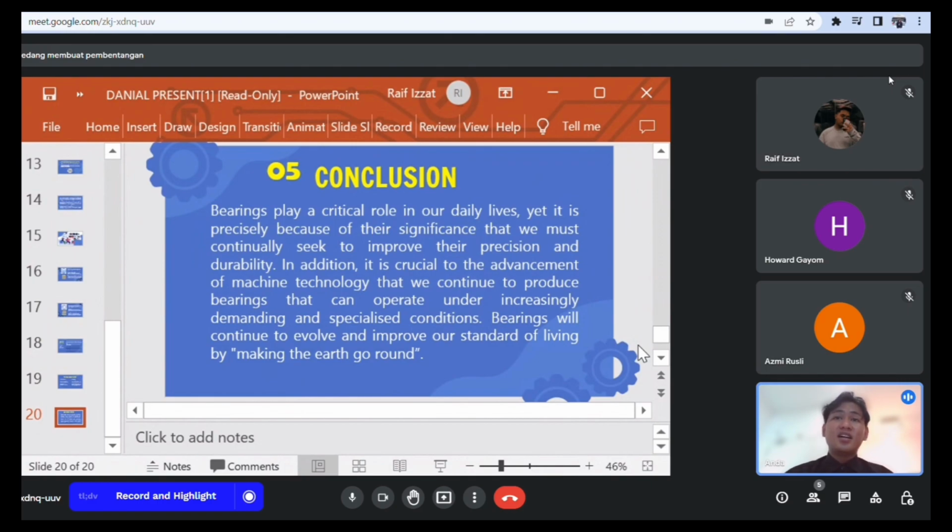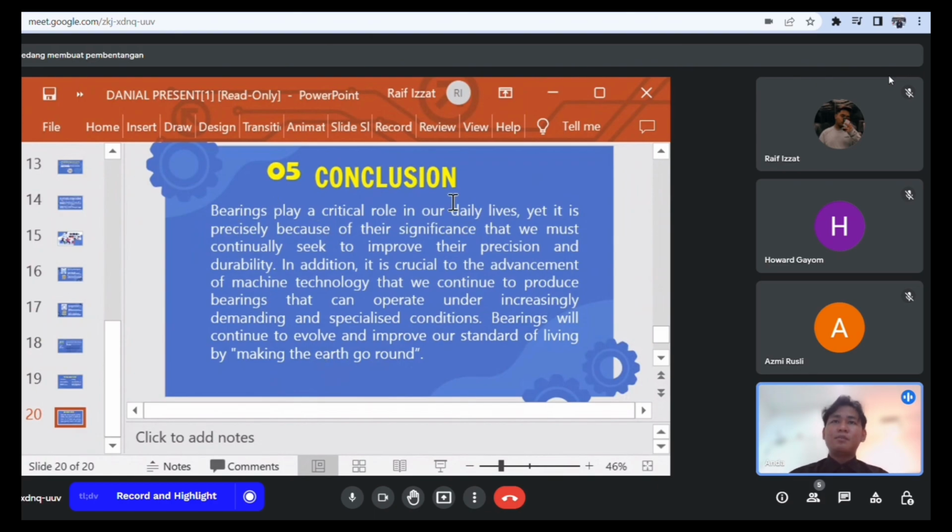In addition, it is crucial to the advancement of machine technology that we continue to produce bearings that operate under increasingly demanding and specialized conditions. Bearings will continue to evolve and improve our standard of living by making each rotation smoother. So that's all about cluster 2.